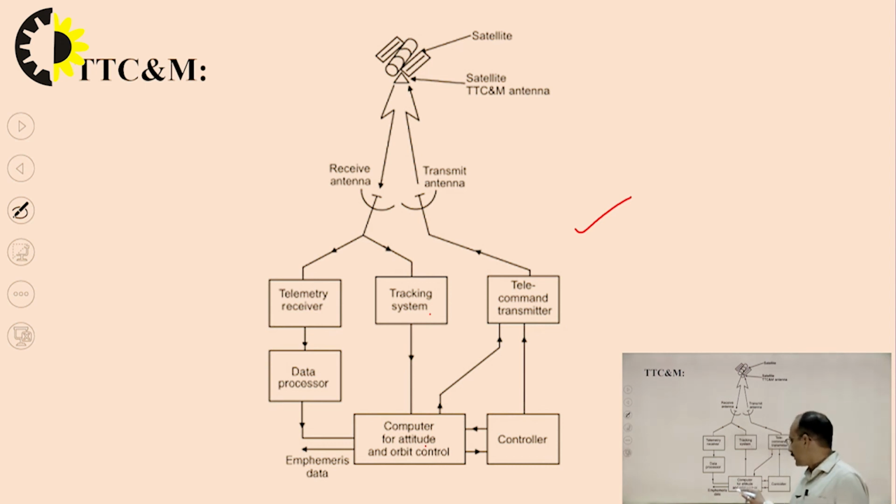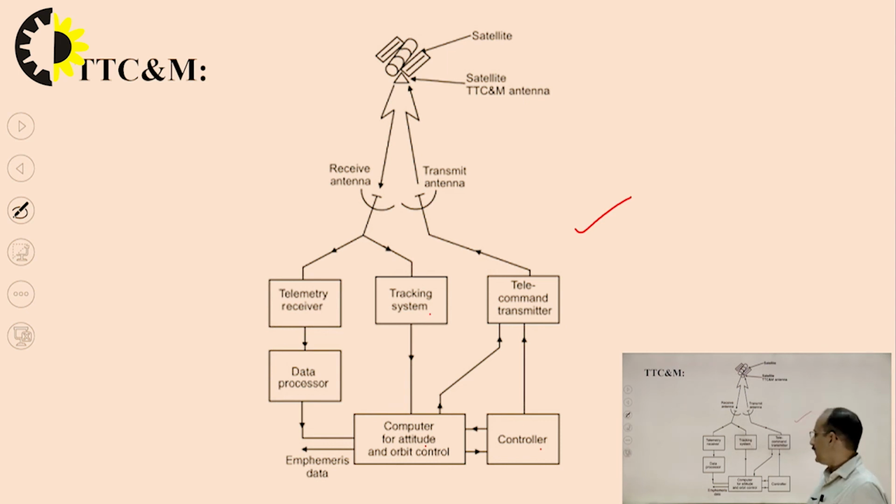That computer will generate the command as per the requirement. That command goes towards the controller and the telecommand transmitter, which sends the commands to the satellite. As per that command, the satellite's thrusters or jets will be turned on and off, and the satellite will maintain its position in the orbit.